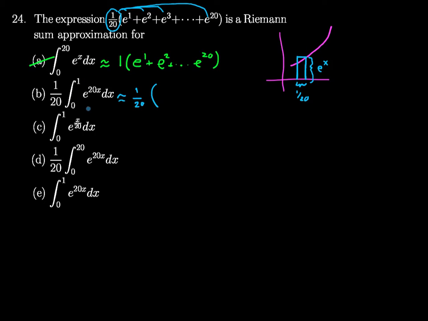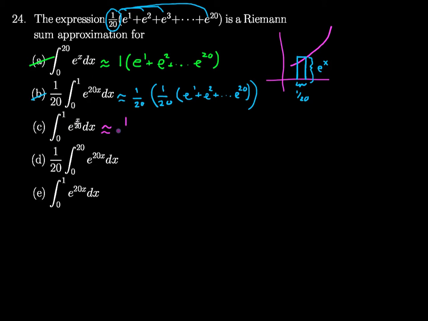I'm going from 0 to 1, so the width of each of these is going to be 1 over 20 again, and we do get our e to the first plus e to the second, all the way up to e to the 20th. But 1 over 20 times 1 over 20 is 1 over 400, not this 1/20th we have up here, so B isn't the case.